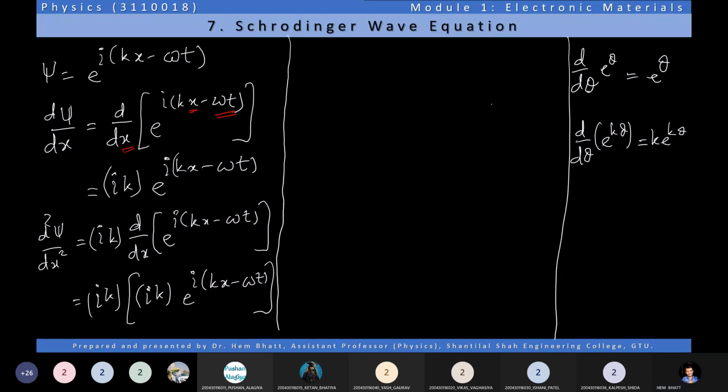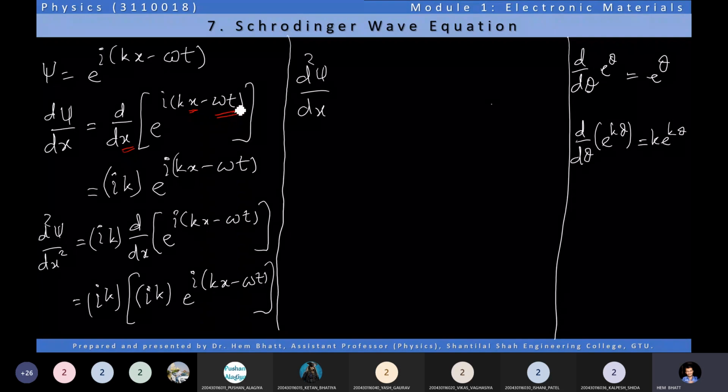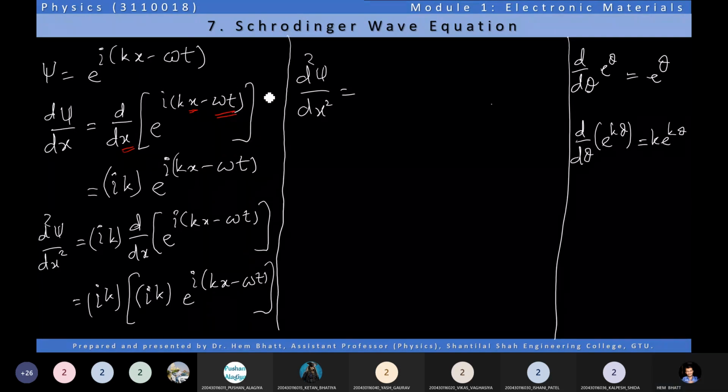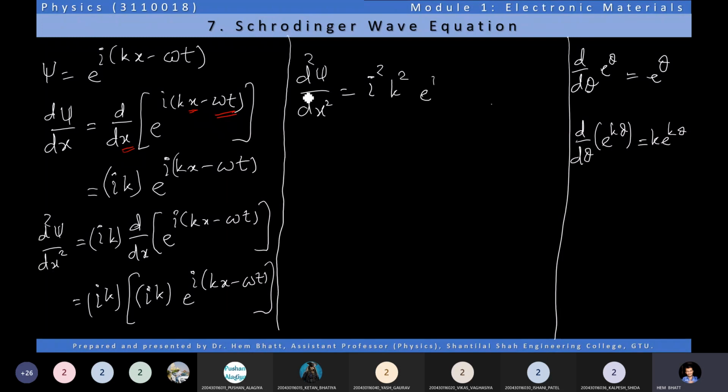So I can write d2 psi by dx square as i square k square e raised to i kx minus omega t. But what is i square? Do you know what is i?